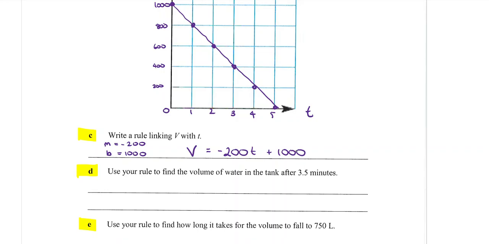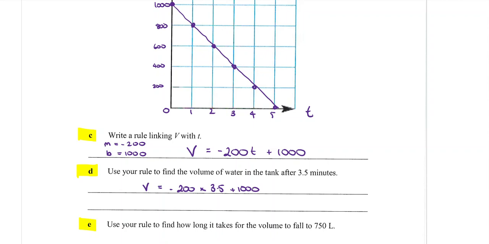Okay with that? Part D, use your rule. So you better hope we get that rule right, because now we've got to use it to find the volume after 3.5 minutes. So that means I want to sub 3.5 where the t is. It'll be v equals minus 200 times 3.5 plus 1,000. Replace the t with the 3.5 is what I did, and I also had to put the times sign in because next to means times.